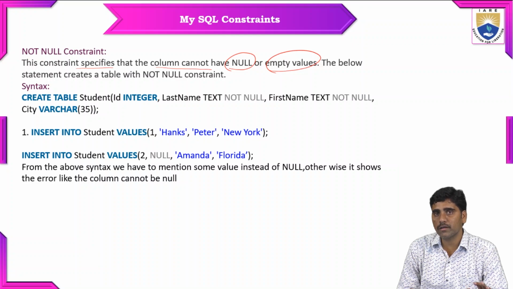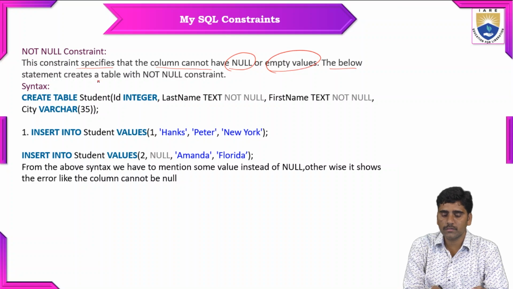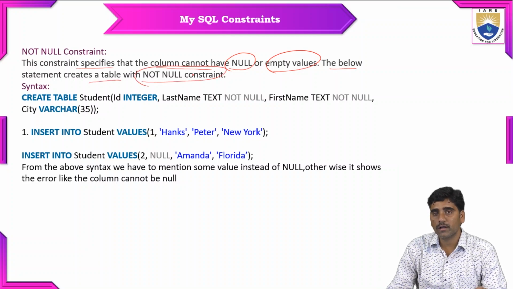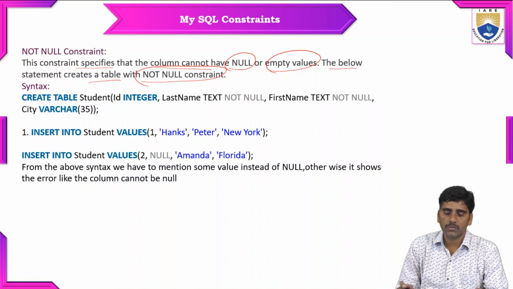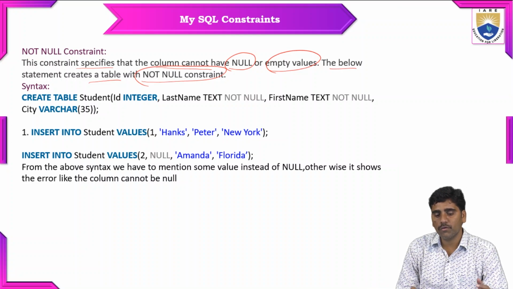The statement below creates a table with a NOT NULL constraint. That means a column must have some value at least. So to avoid entering null values, how can we create the constraint?